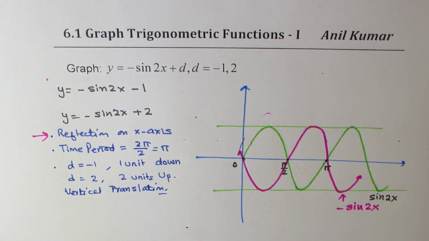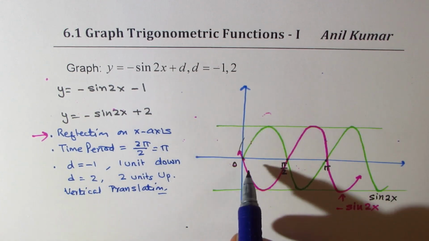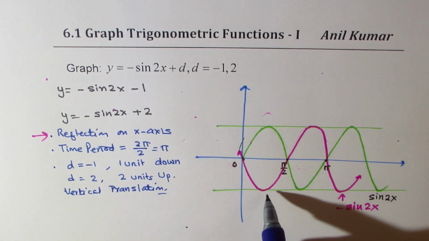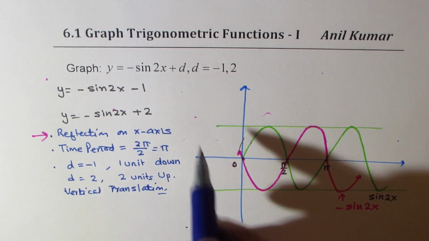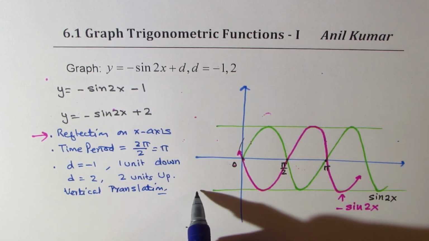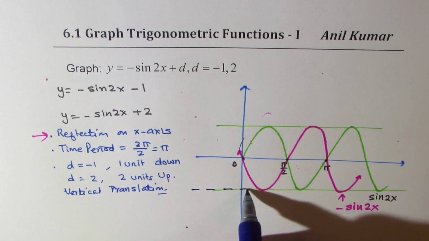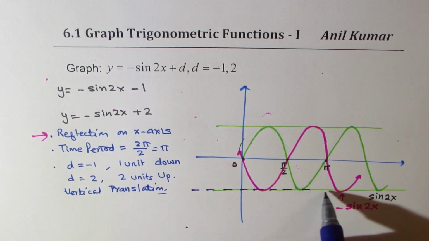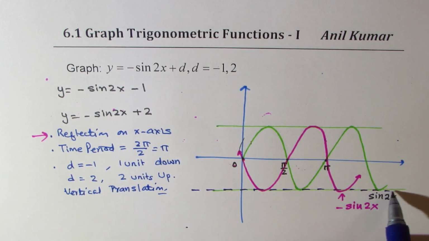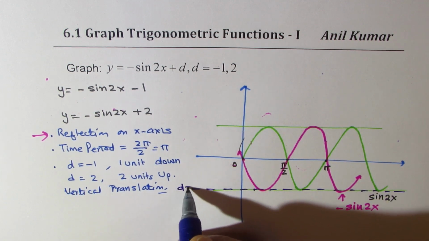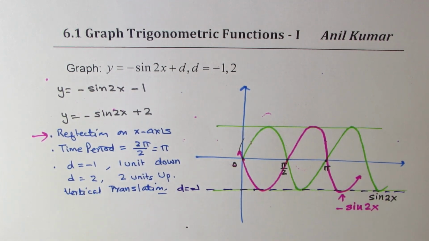Correct? Now, let us see what happens with d of plus 2 or d of minus 1, right? So if d is minus 1, then this axis moves to minus 1. So we have the axis right there. So the whole wave shifts 1 unit down, right? So this is d equals to minus 1, correct?